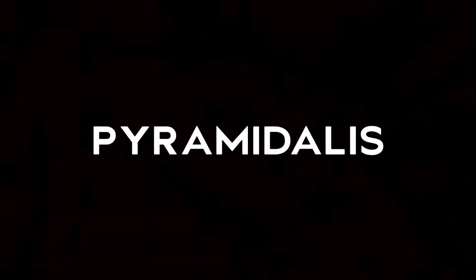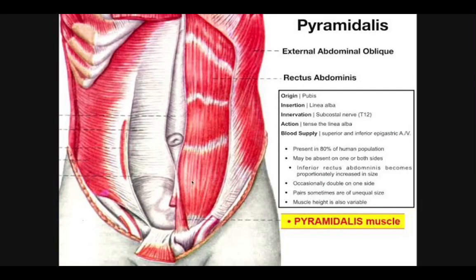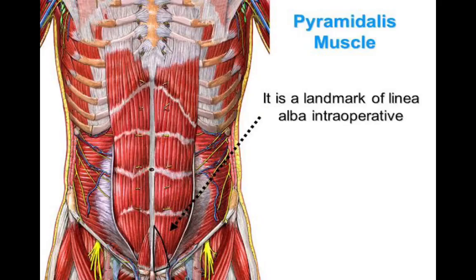Now the next muscle of the rectus sheath is the pyramidalis. The pyramidalis muscle is triangular or pyramidal in shape. It takes origin from the pubic symphysis and the pubic crest, and is inserted by its apex onto the linea alba, midway between the umbilicus and the pubic symphysis.